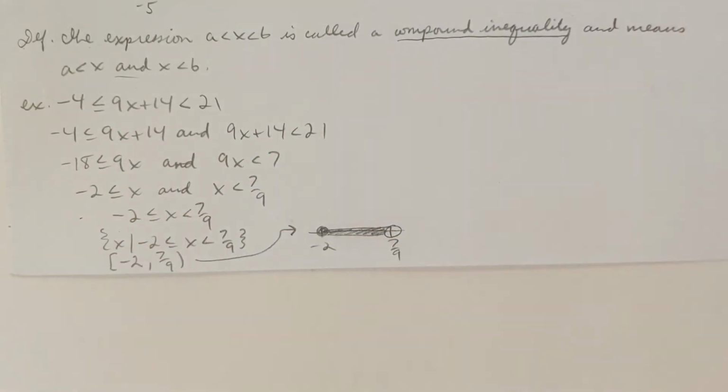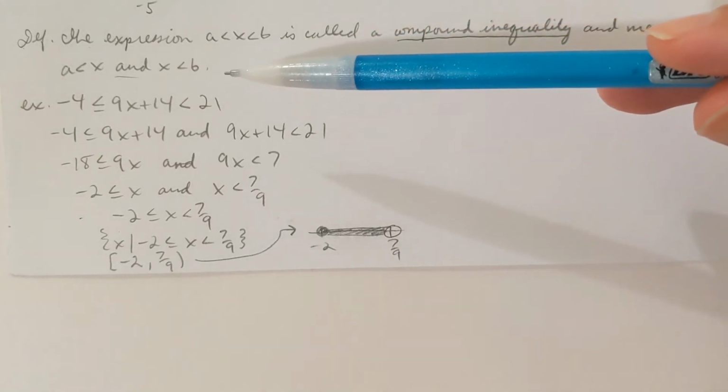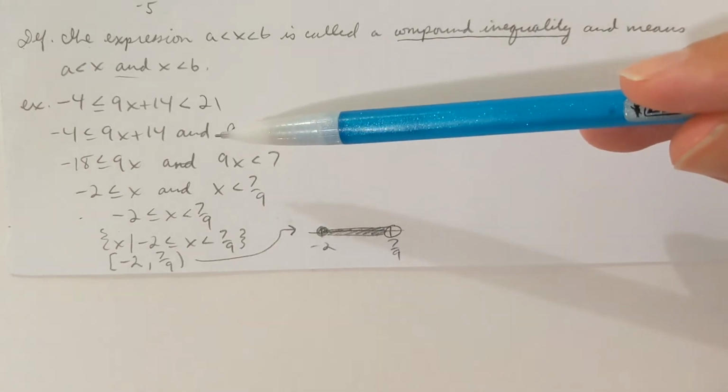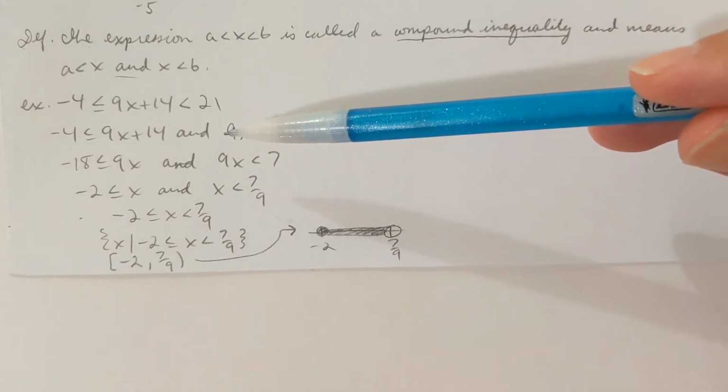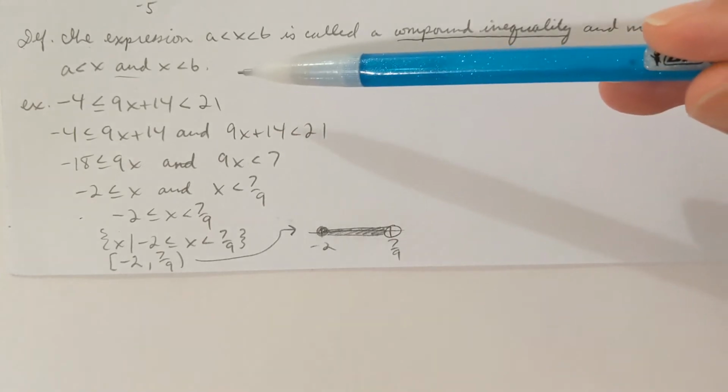The expression a less than x less than b is called a compound inequality, and it means a is less than x and x is less than b. So for example, suppose that -4 is less than or equal to 9x plus 14, which is less than 21. Okay, I can split this into two inequalities and write the word and between. -4 less than or equal to 9x plus 14 and 9x plus 14 less than 21.